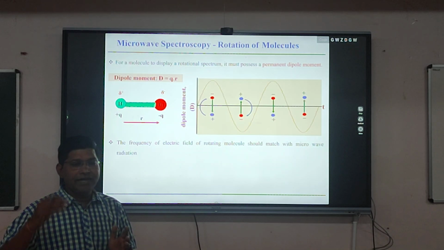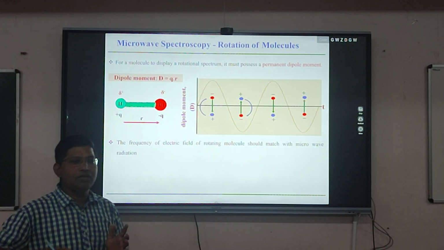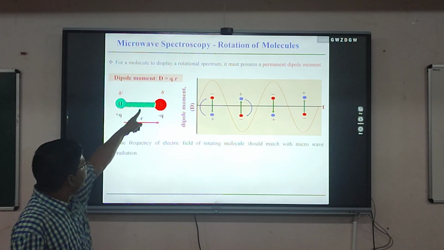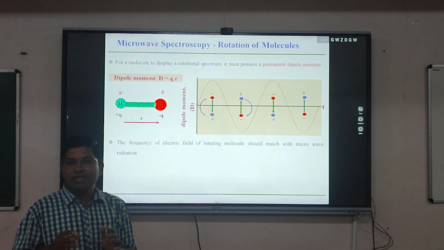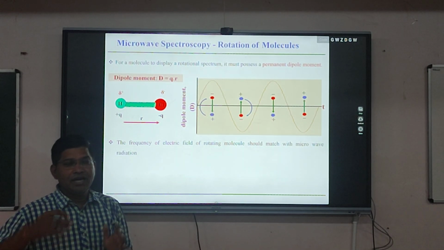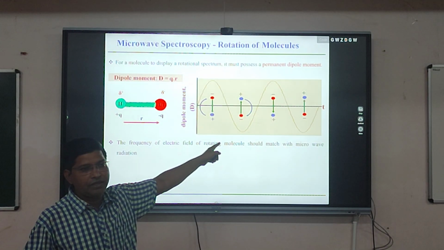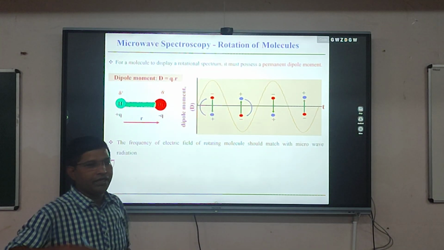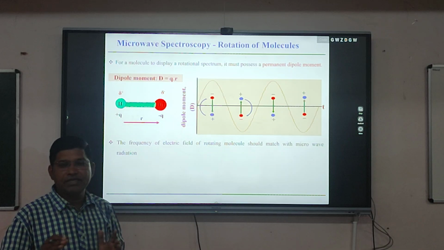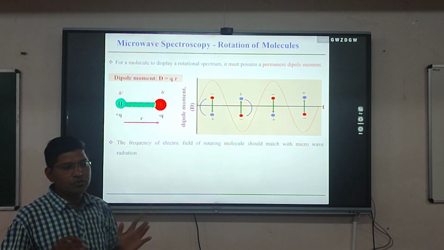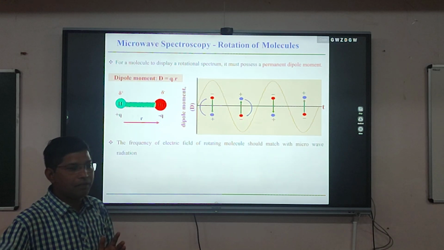That means that during the rotation, either the magnitude or the direction of the vector quantity should change. We have observed a change in the dipole moment vector during rotation, so the first condition of microwave spectroscopy is fulfilled.